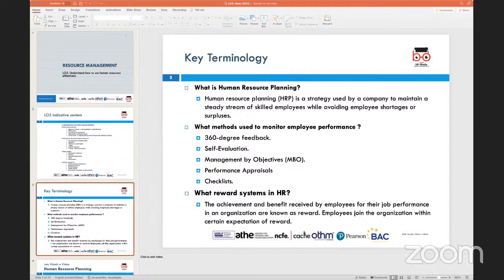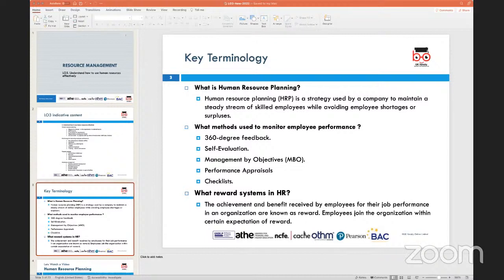At the same time, they would put some reward system in place, so that employees who are taking up additional work or have been given more work over a period of time would be motivated enough to perform those activities. That is where reward systems will come in.